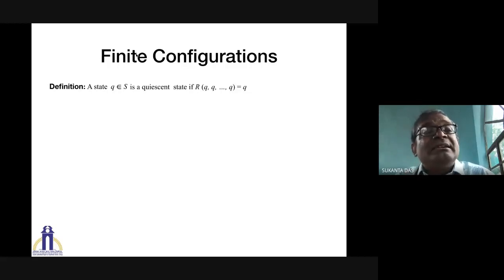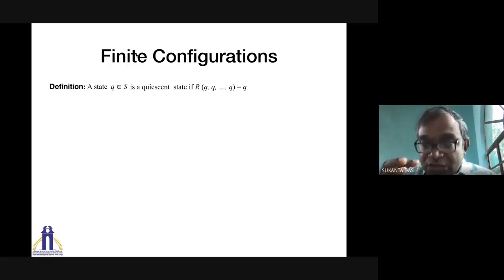So before that, let us designate a state Q as a quiescent state. What is that? A state Q in S is a quiescent state if R(Q,Q,...,Q) is equal to Q. Which means if you give all Q as the argument of the function R, then the output is also Q. So it gives you some flavor of stability.